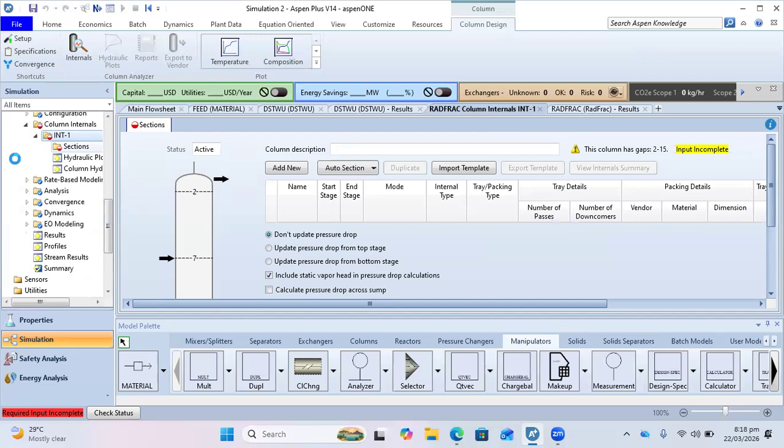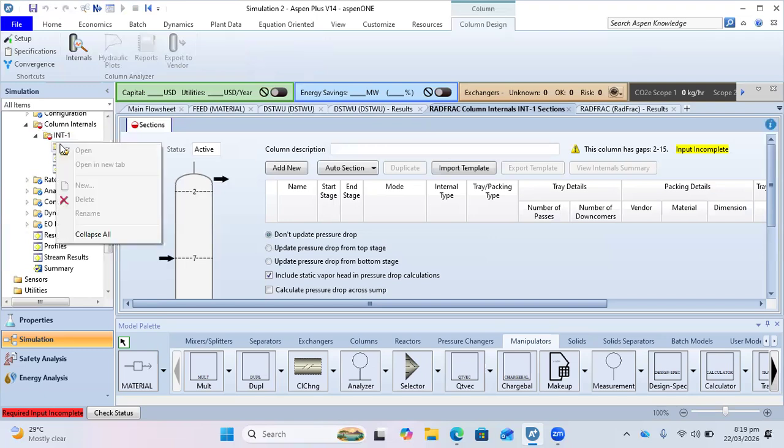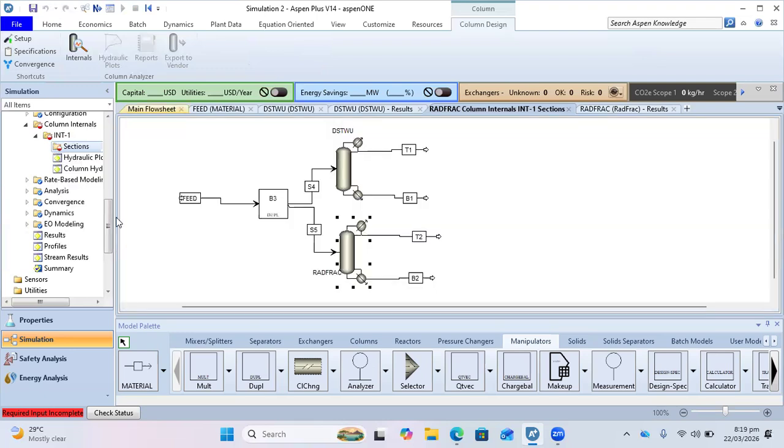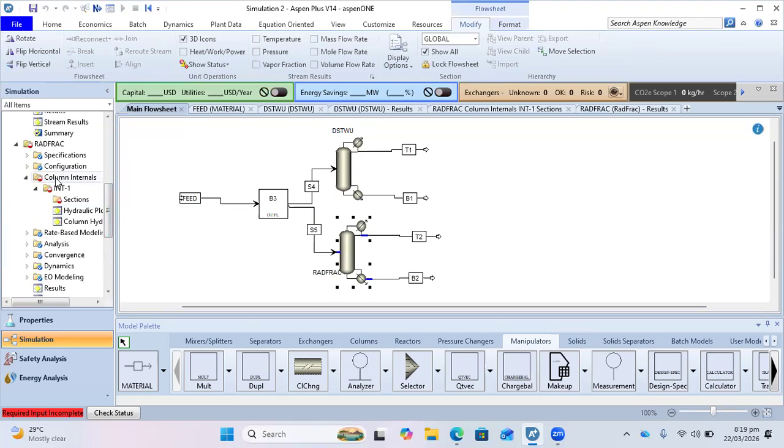Otherwise, Aspen won't let us run anything else. But I think before we even did this, we had already run the simulation. So we can retrieve the previous results that we had. So if this thing doesn't still work, we'll just move on. Okay. So let's move on. But you can delete the internals you specified. So if you right click, you should be able to delete those internals. Okay, the option is not being available, but that's fine.